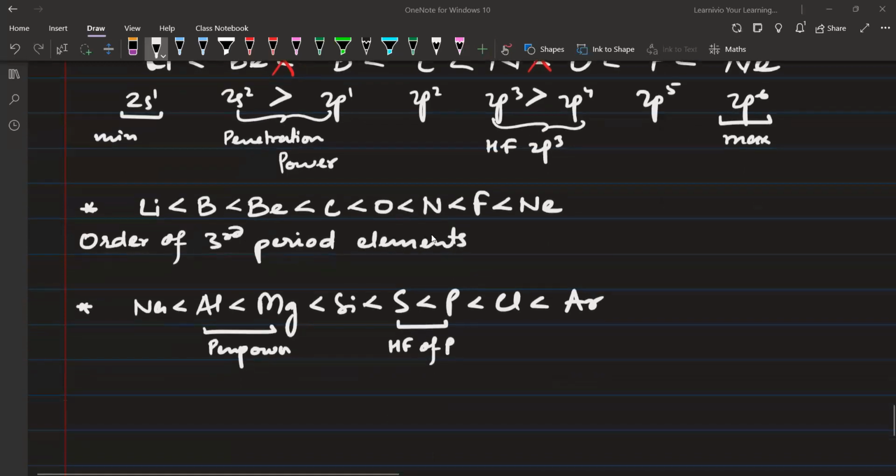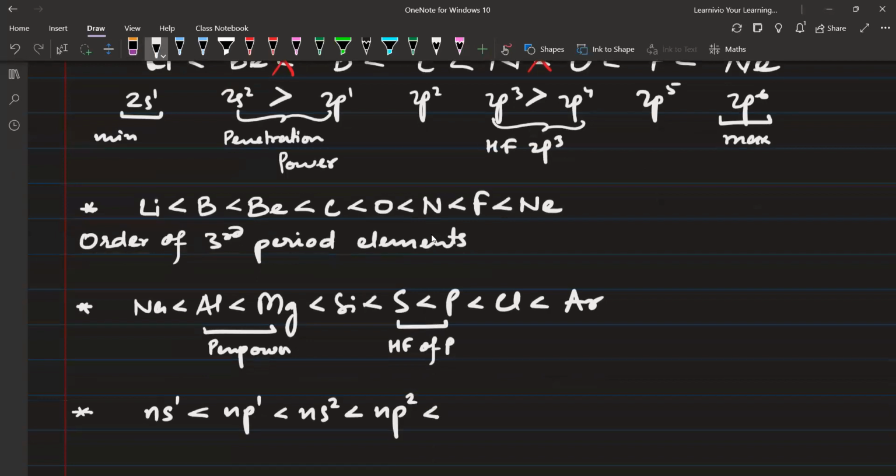In general, we can say that any element with configuration ns1, if I want to compare in a particular period, then ns1 will have the least ionization enthalpy, followed by np1, followed by ns2, followed by np2, followed by np4, then np3, then np5, and then np6.